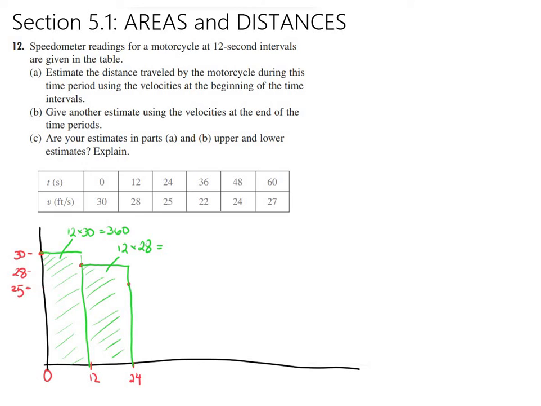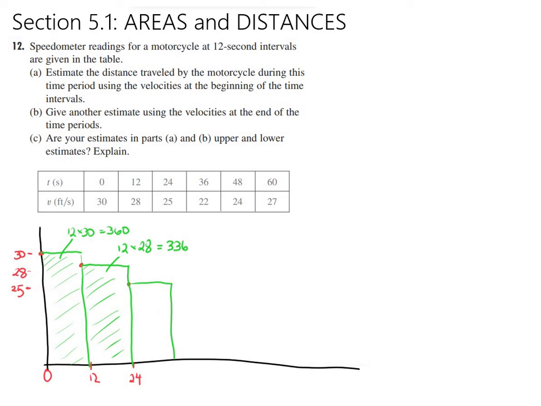So that would be 336, I believe. We can keep going with that. The next 12 seconds, we'll assume it's going 25. We can keep going. So you could do all of those for the beginning of the time intervals.